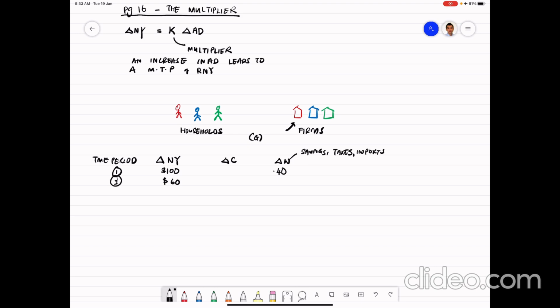Okay, so the blue color man now has an additional $60, and surprise, surprise, he's also going to spend part of that $60. Let's say it's the same factor, 60%, so this would be $36.